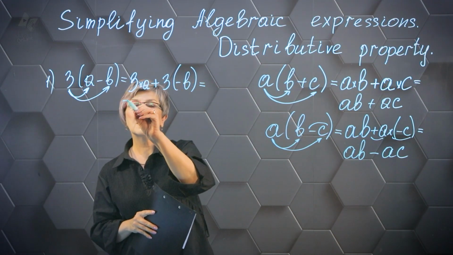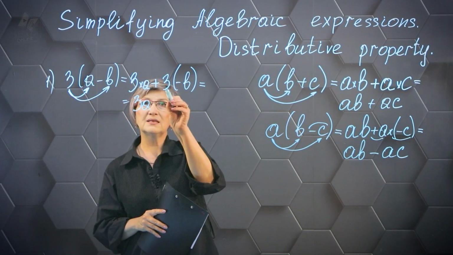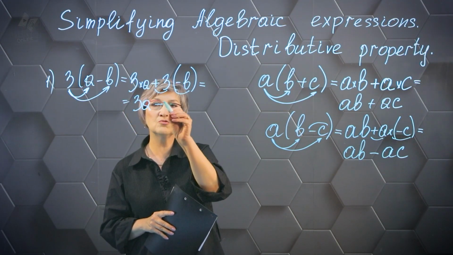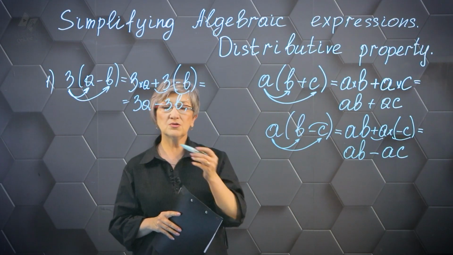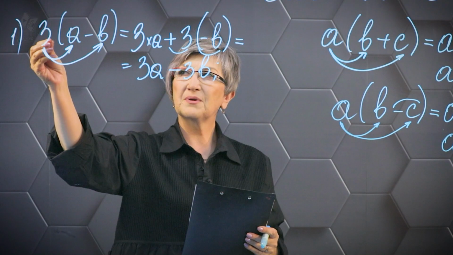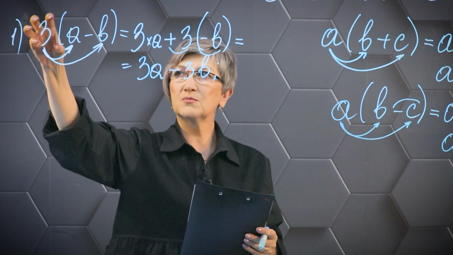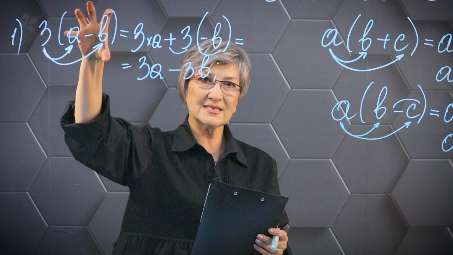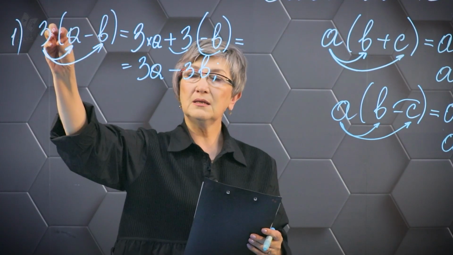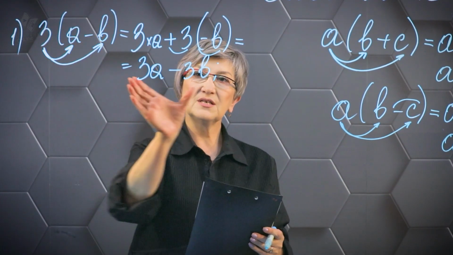3 times a is 3a. And 3 times minus b is minus 3b. The result is 3a minus 3b. Our expression is a product, because we multiplied 3 by the difference of a and b. This product we wrote down as a sum.